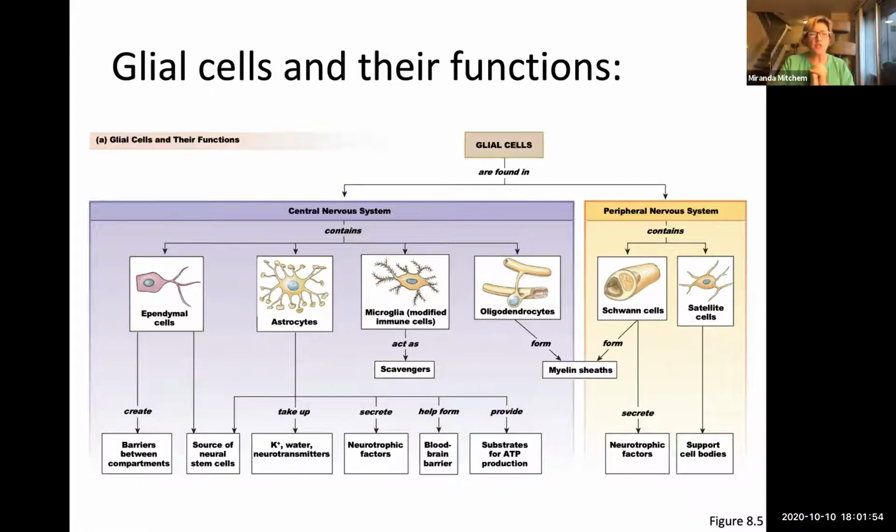I'll show you in just a moment, but they form different compartments, different barriers, and therefore different compartments within the central nervous system, which contributes to its diverse function. The more compartmentation, the more diversity there is in a structure, the more jobs that structure can do at the same time with that added complexity.